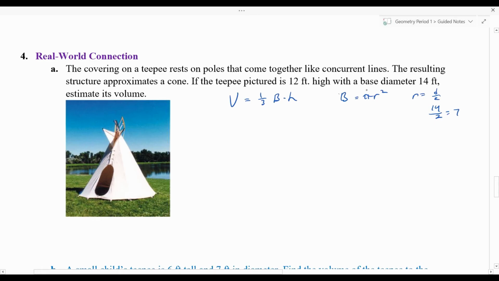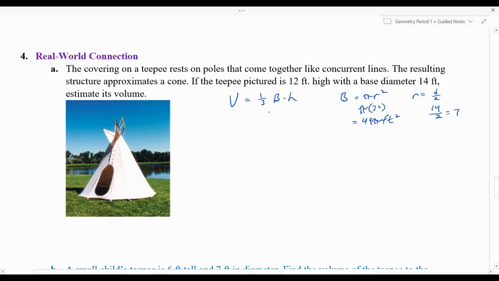So I plug that 7 into my formula for area, and I get pi times 7 squared, which is 49 pi. The units are in feet, so it's going to be 49 pi square feet.